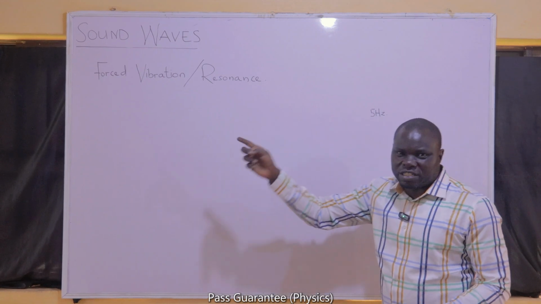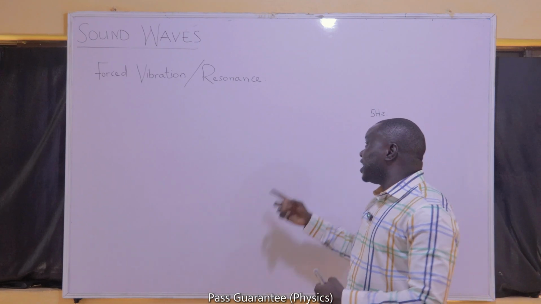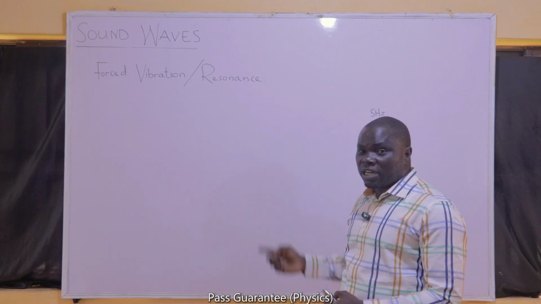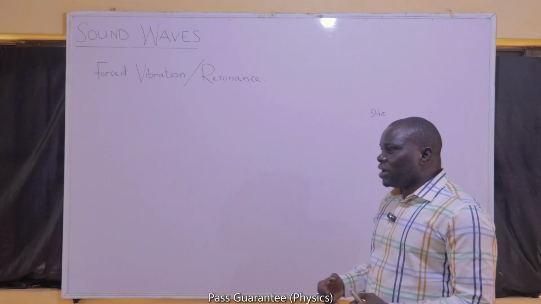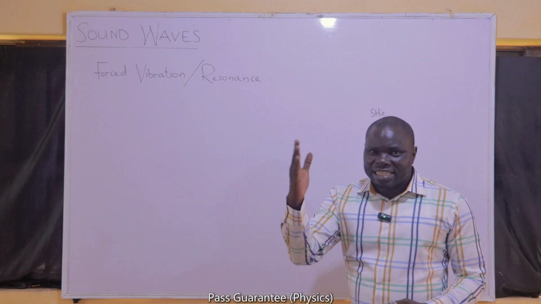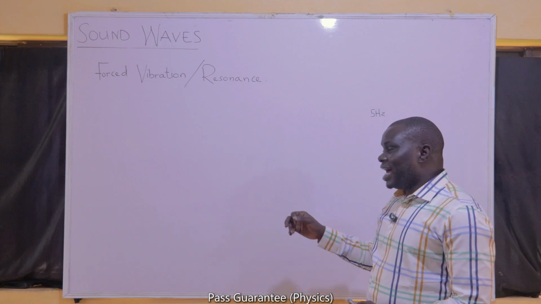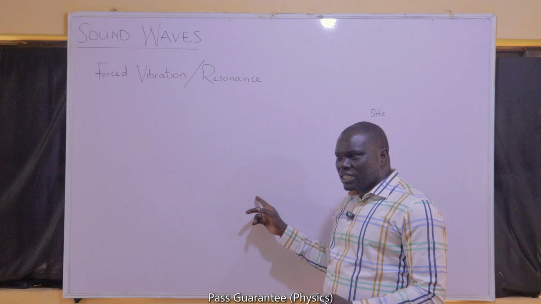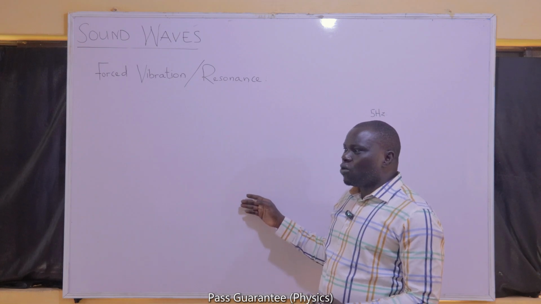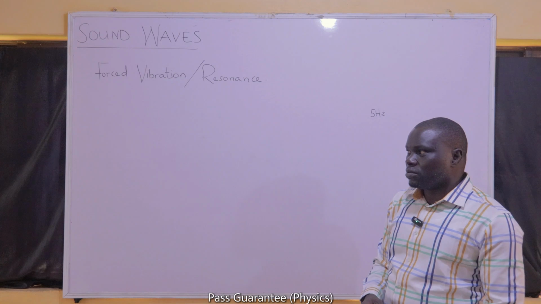That becomes forced vibration. I'm making it vibrate in a way that it does not want to vibrate. It wants to vibrate at 5 naturally. So forced vibrations result from an external periodic force acting on a system and setting the system into vibrations at frequencies which are equal to those of the external periodic force.